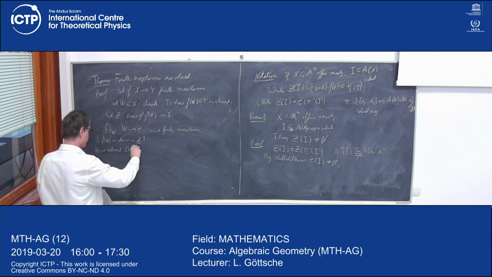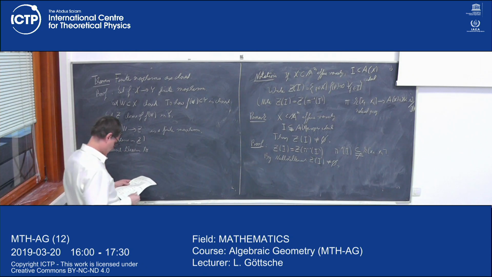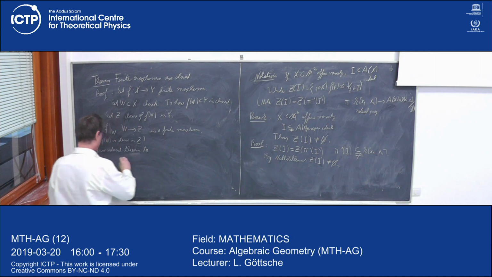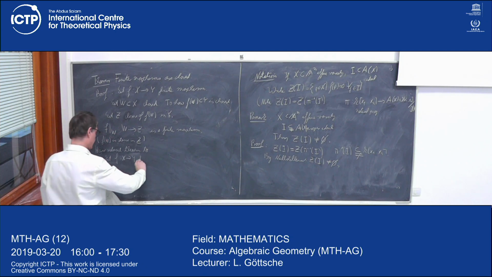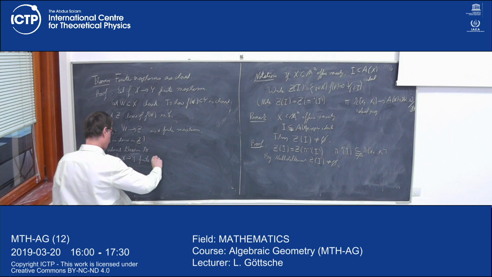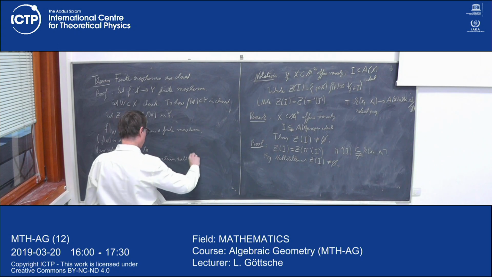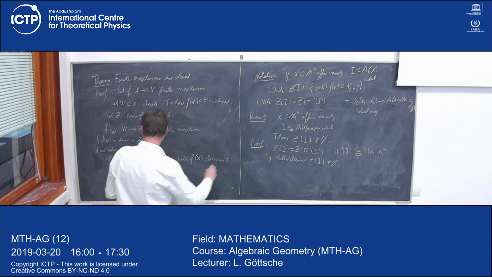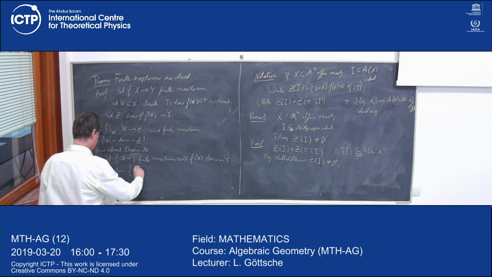The theorem reduces to the following: we have f from X to Y, a finite morphism, with f(X) dense in Y. Then we have to show f is surjective.